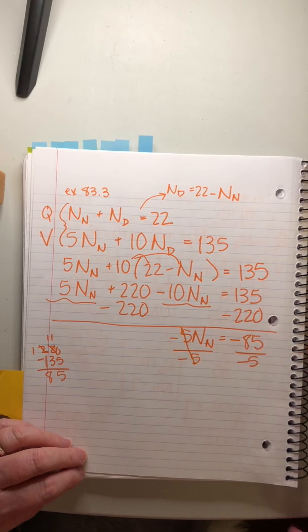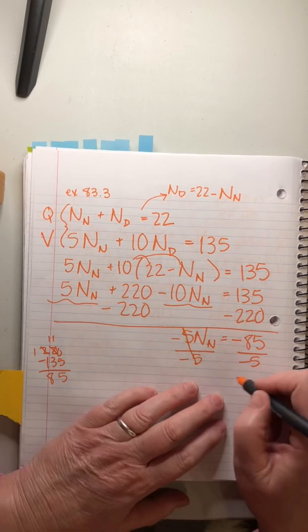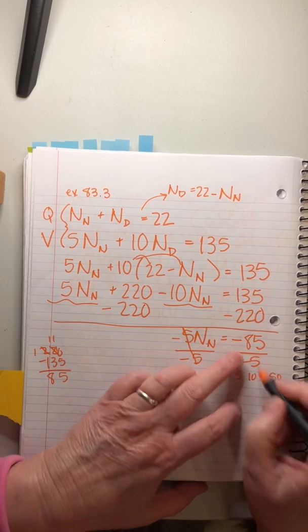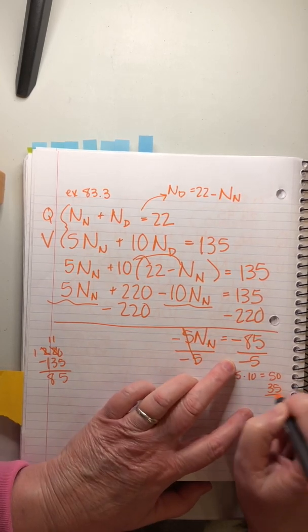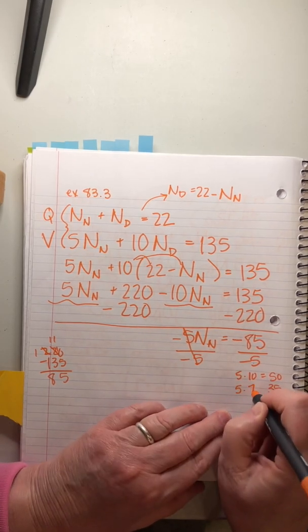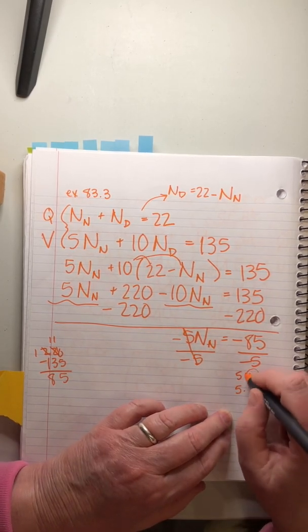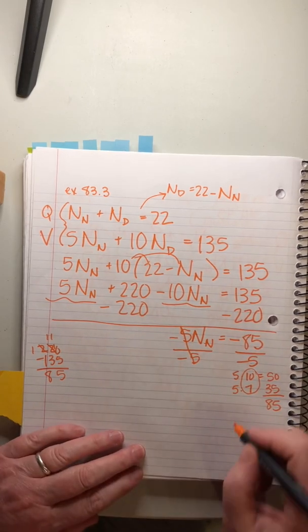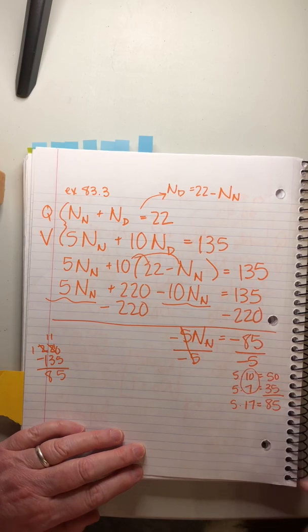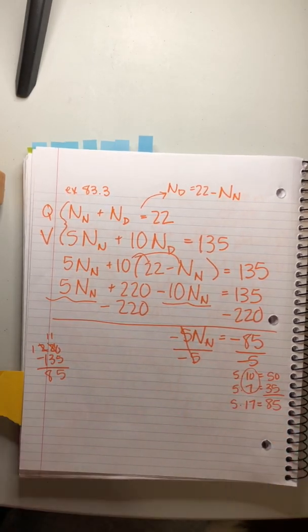How many times does 5 go into 85? Here's what my brain does. 5 times 10 equals 50. That gives me 35 more. That adds up to 85. And that's 5 times 7. So 5 times 17 equals 85. This is what happens in my brain as I look at this.